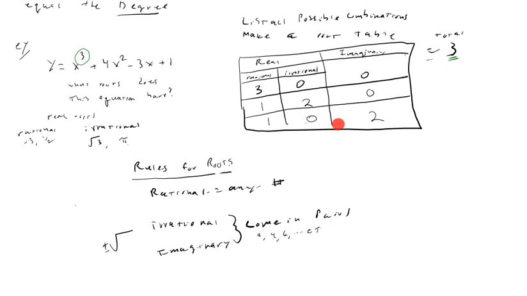The only possible way my 3 roots can fall into these different categories are these combinations. I can have all of them be rational, and no irrational, no imaginary. I can have 2 irrational. If I have 2 irrational, that means I have no imaginary and 1 rational. Or I can have 2 imaginary, no irrational, and 1 rational root. This is the only combinations. All this equation has to fall into one of these 3 categories. It's my possible root combination.